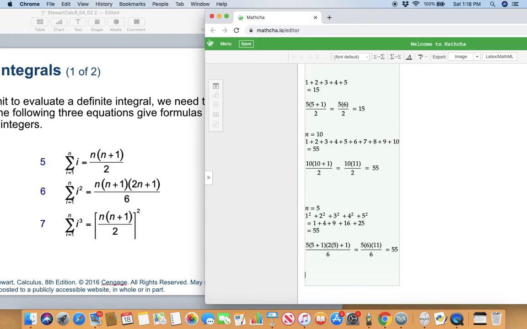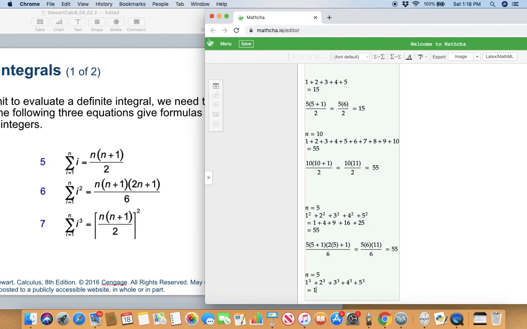Likewise, you might want to check for 10. I will not, but I hope you believe this formula. The third formula says cube it, not square, cube. So again, let's try n equals 5, just as an example. 1 power 3 plus 2 power 3 plus 3 power 3 plus 4 power 3 plus 5 power 3.